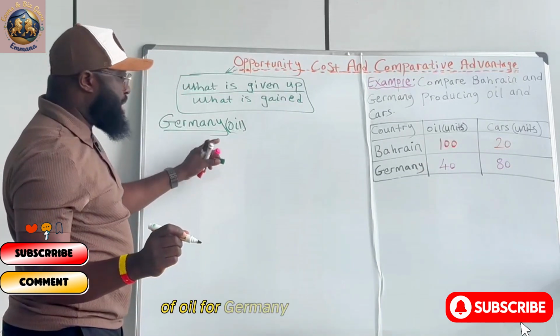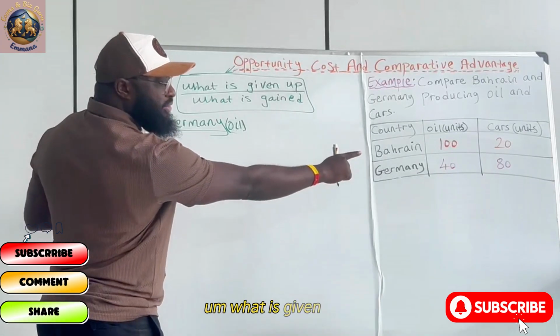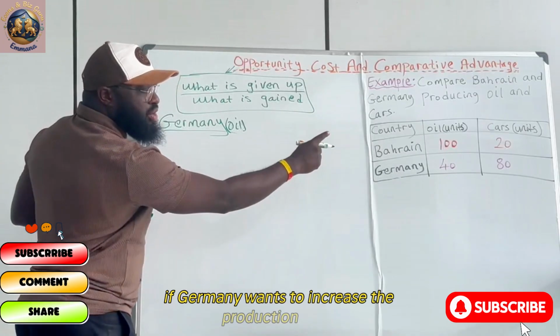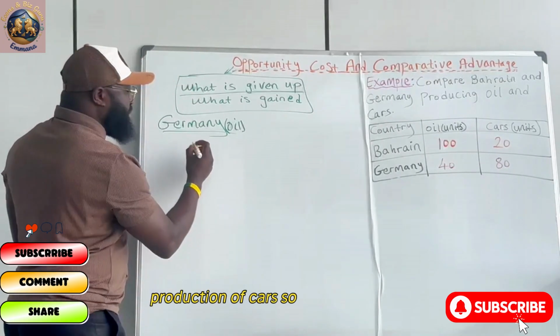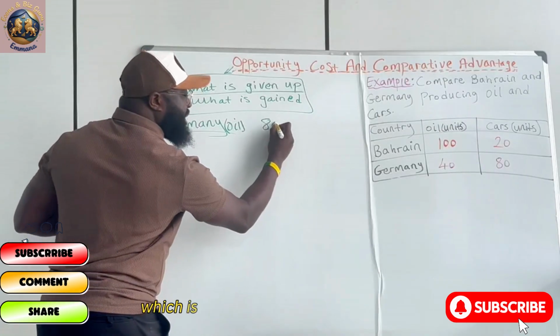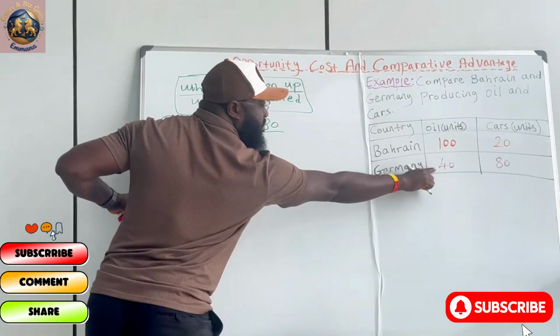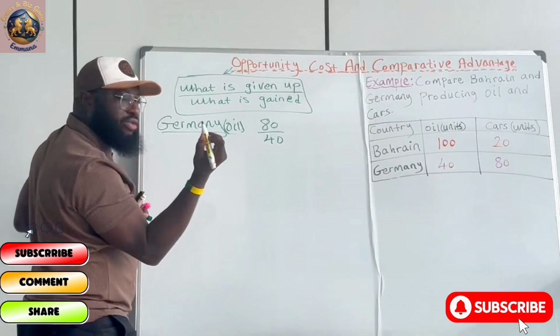For Germany, you simply take what is given up. If Germany wants to increase the production of oil, they have to give up the production of cars. So we take what is given up, which is 80, and divide by what is gained, which is 40. This is how we can get the opportunity cost for oil.